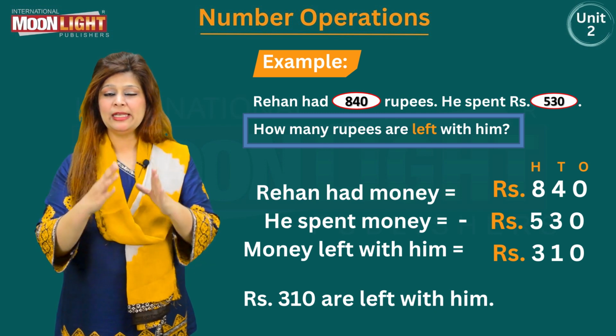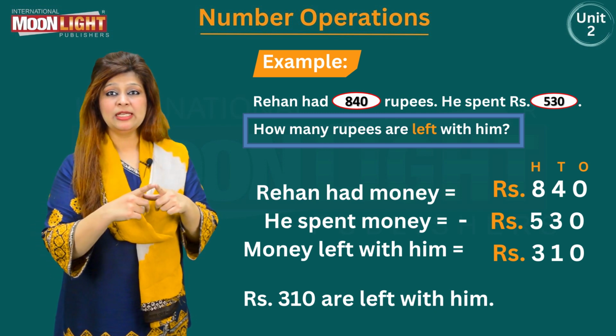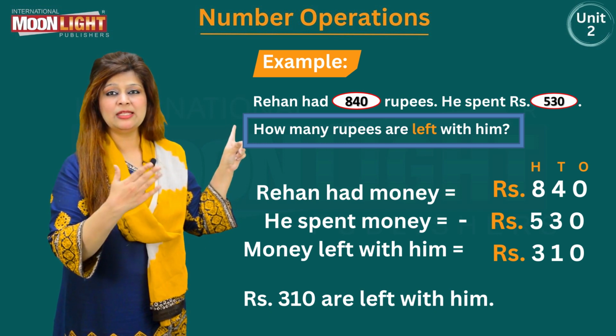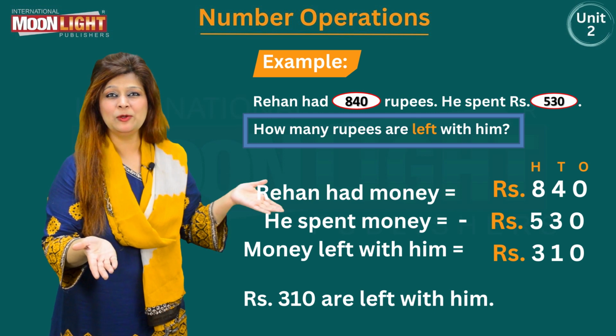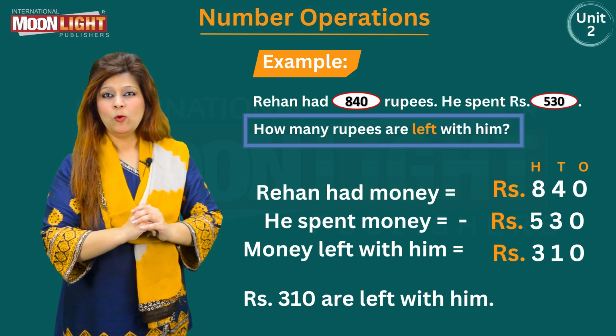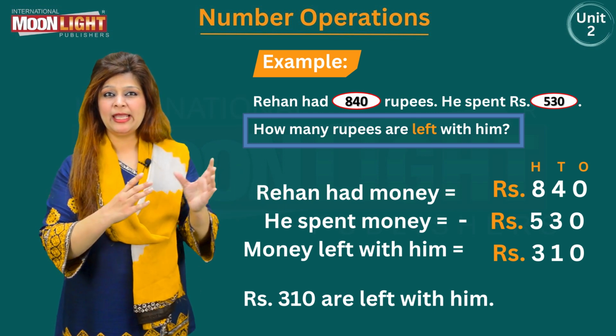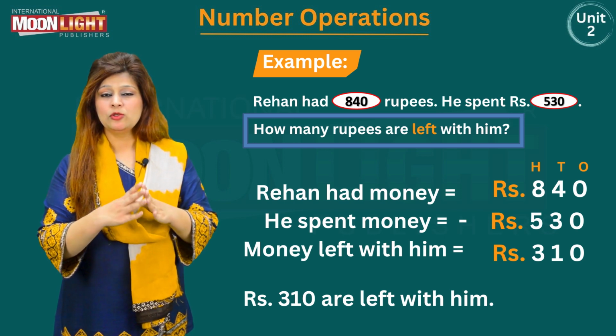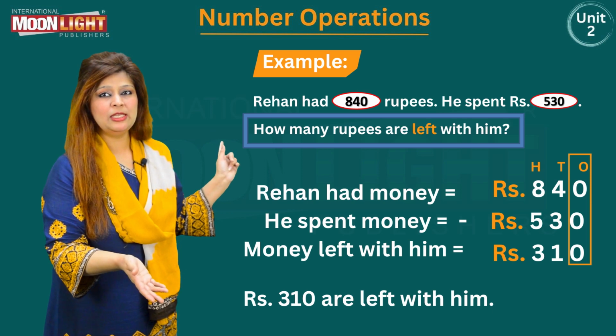For that, I start with the ones digit. 0 minus 0, you already know, is 0, because we have not subtracted anything.